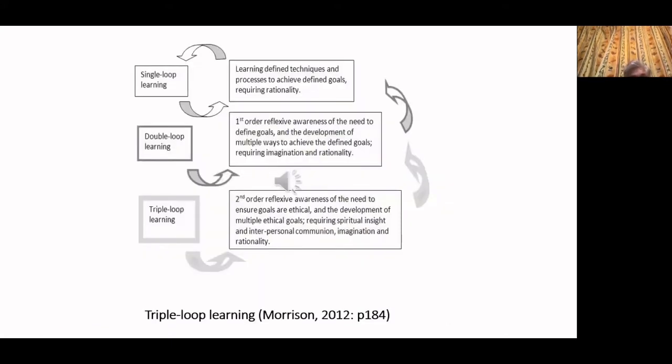One is found in triple loop learning, where within that cycle around the facets of learning, there's nested cycles, nested loops going on, because there's the single loop learning focusing on the technical issues of research.